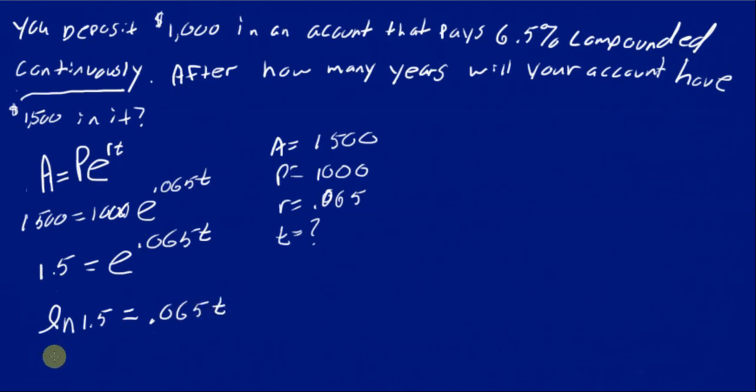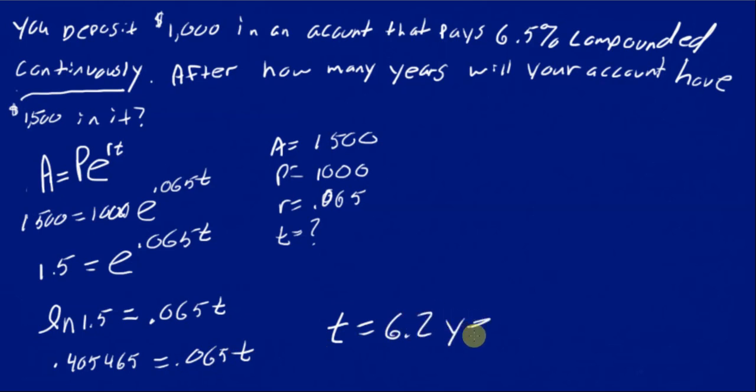We don't have to do that. Our calculator has the natural log in it. So when I take the natural log of 1.5, I get 0.405465. That's far enough. And that's equal to 0.065t, and all we got to do is divide by 0.065 on both sides and get t is equal to 6.2 years.